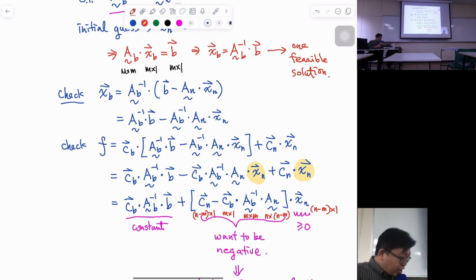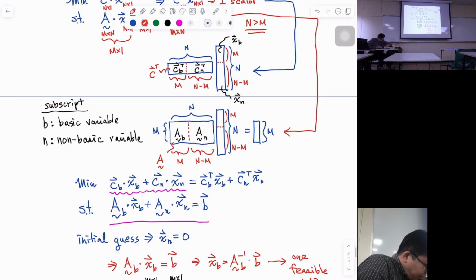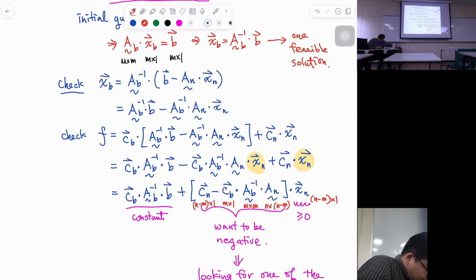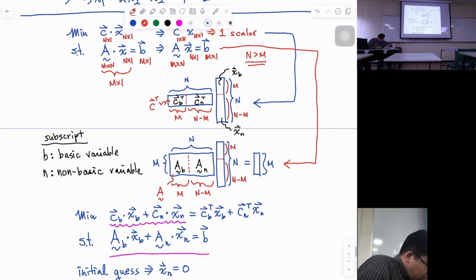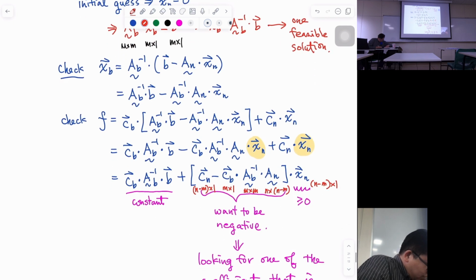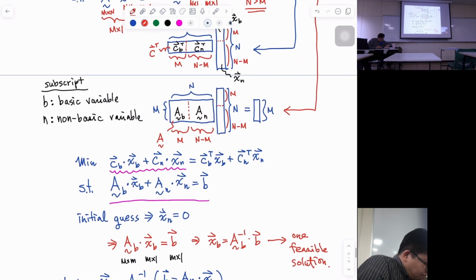Okay? So if you check on this, you realize xp is what? n by 1, yes. I think Cn should be 1 times n minus... No. xp is n by 1. xn.